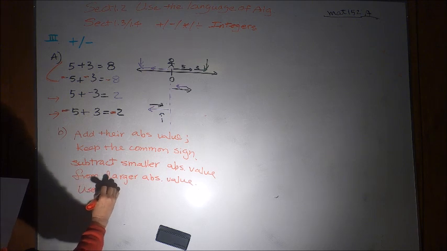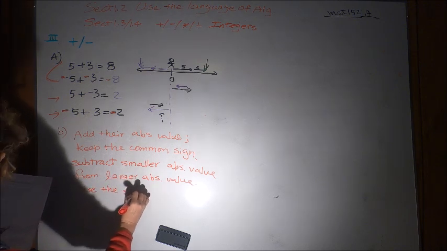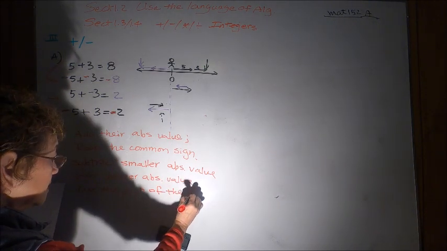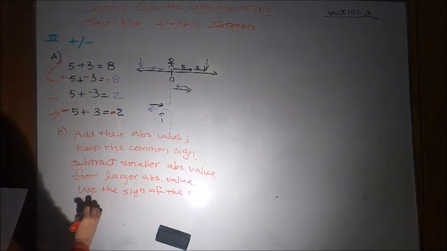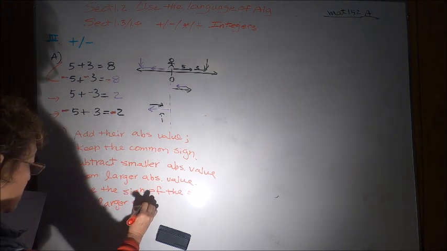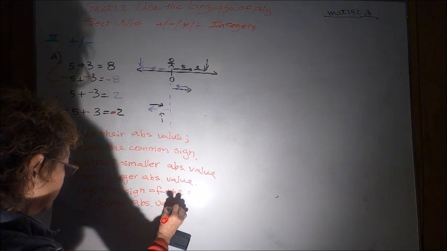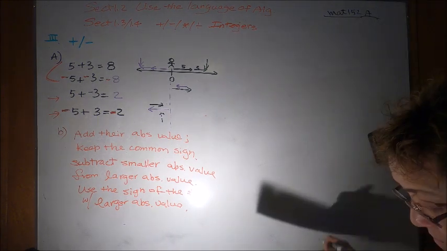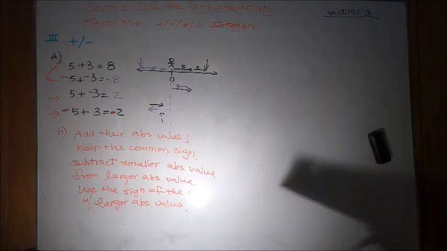Then you will use the sign of the number with the larger absolute value. Larger value. Is that right? So that's how you add with opposite signs, positive or negative numbers, right?